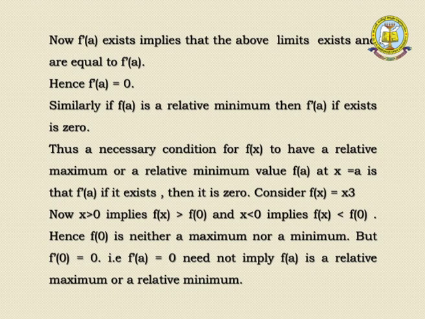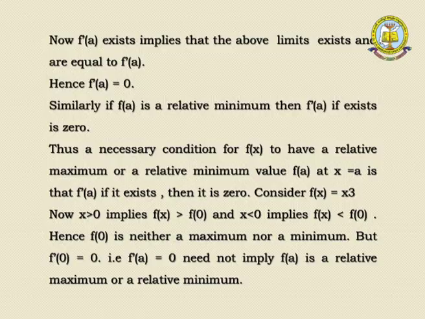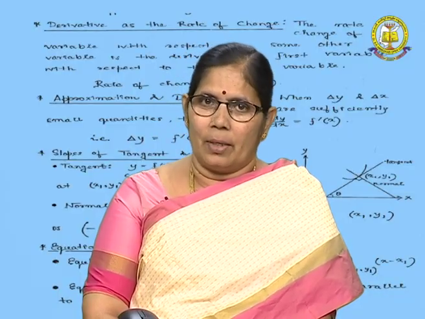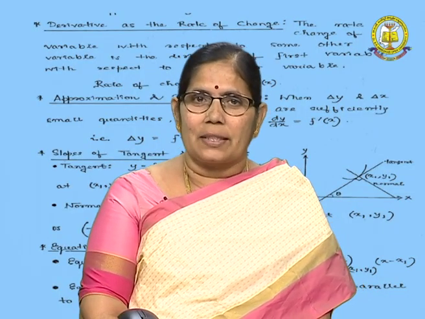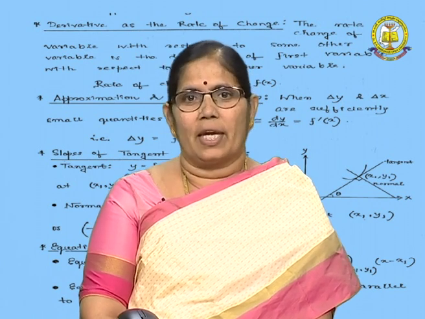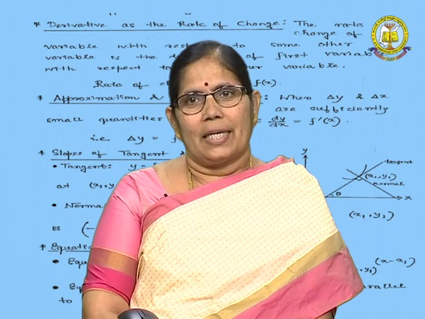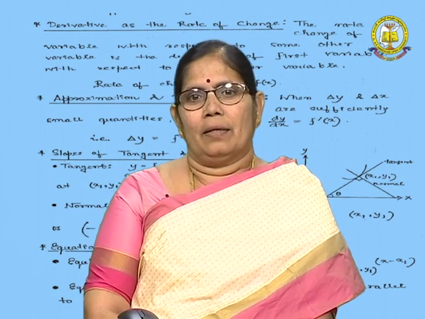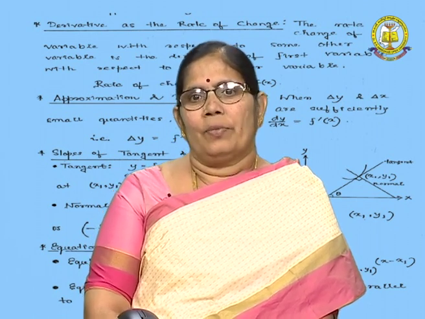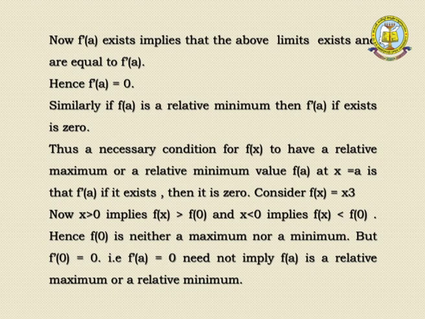What do you mean by that? f of 0 is neither a maximum nor a minimum, but what is the derivative of x cube? It is 3x square and f dash 0 is 0. So, we can say that the necessary condition for f of x to have a relative maximum or relative minimum value f of a at x equal to a is f dash a is 0.